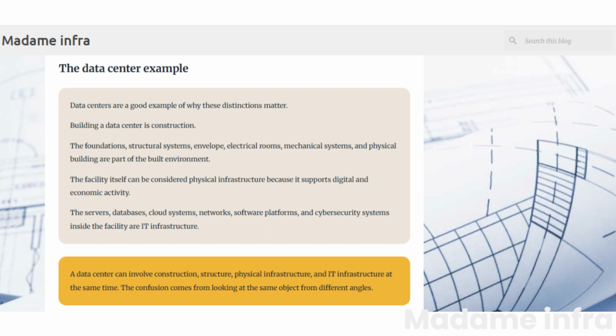The servers, databases, cloud systems, networks, software platforms, and cybersecurity systems inside the facility are IT infrastructure. A data center can involve construction, structure, physical infrastructure, and IT infrastructure at the same time. The confusion comes from looking at the same object from different angles.